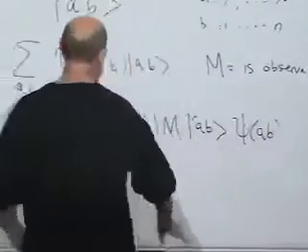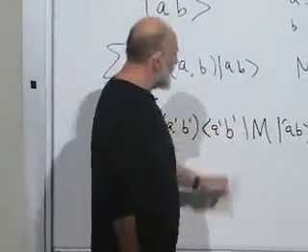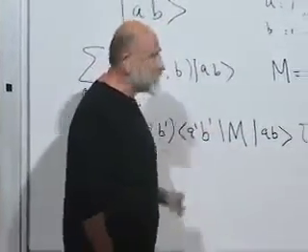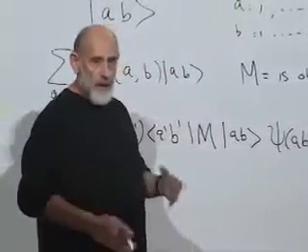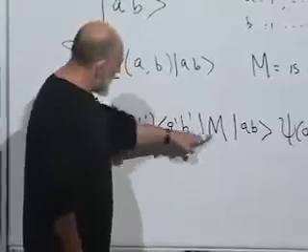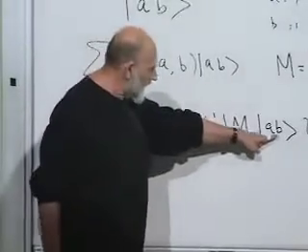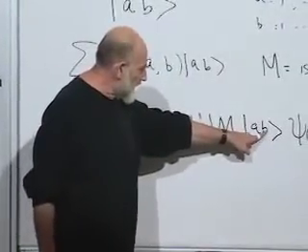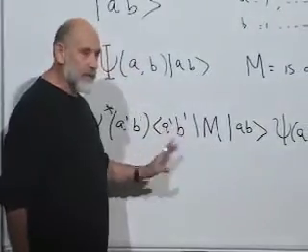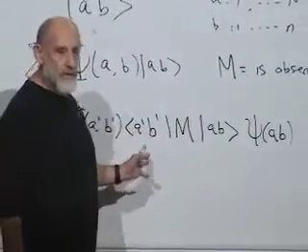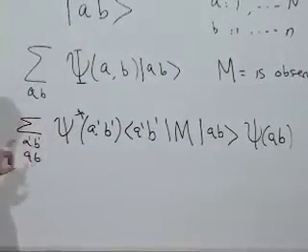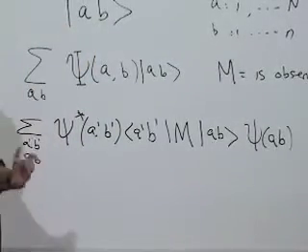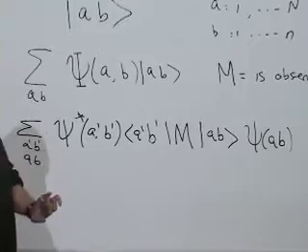But now, the idea that M is an operator that acts on the A subsystem and is passive for the B subsystem is simply the statement that the matrix is diagonal in the Bs. B on this side and B prime have to be the same, otherwise the matrix vanishes. In that case, this sum over B and B prime becomes a sum only over one of them.